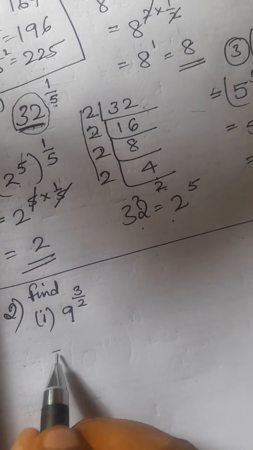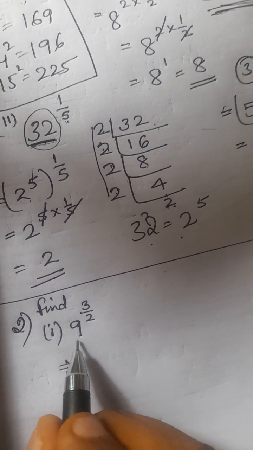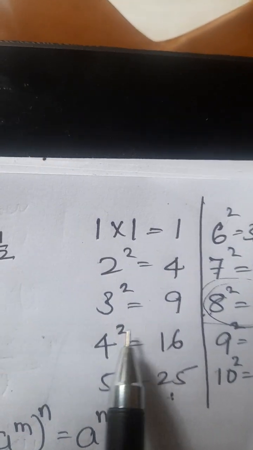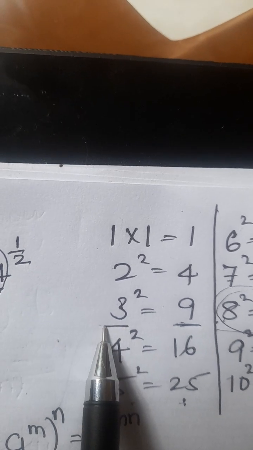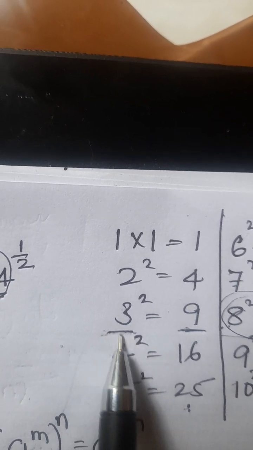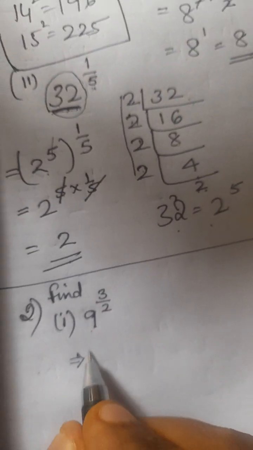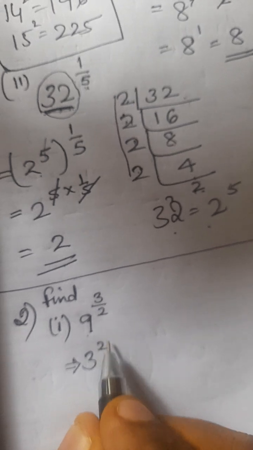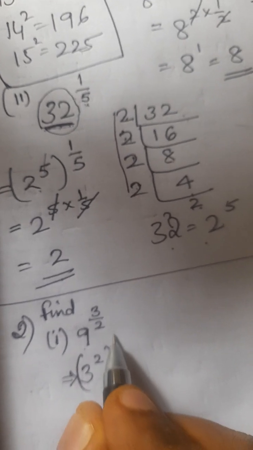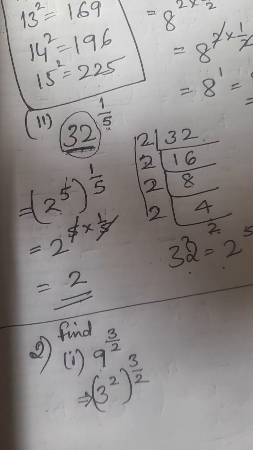This can be written as, as I told you previously, 9 is a perfect square, which can be written as 3 square. So I will write 9 as 3 square whole to the power 3 by 2.